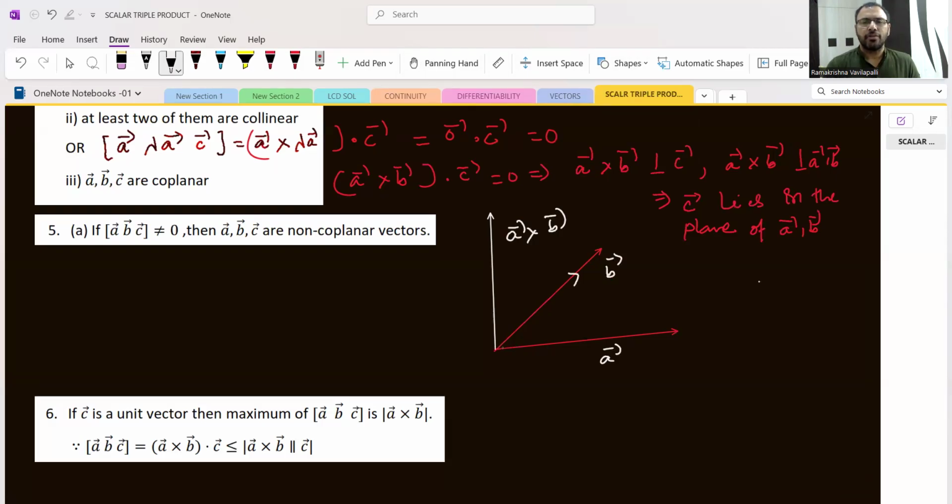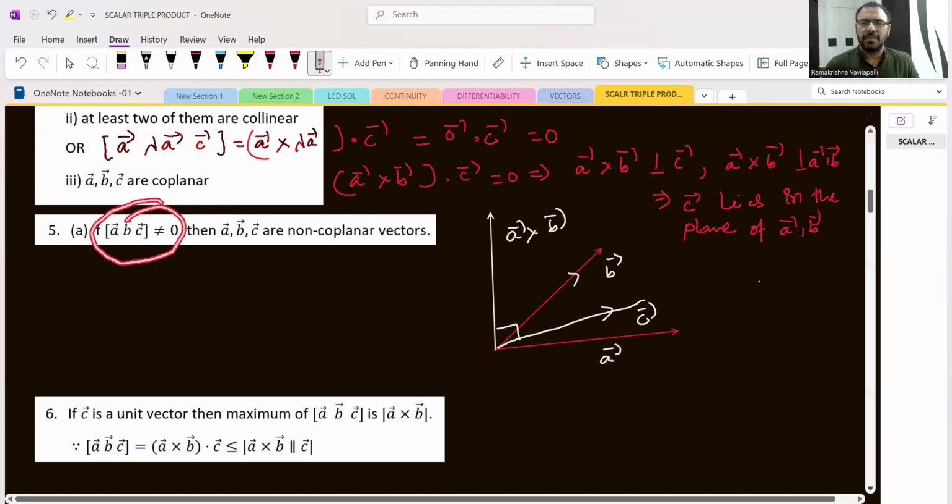See, A cross B is perpendicular to the C bar vector, so C bar must be in the plane of A bar and B bar. This is the C bar vector. And if box ABC is not equal to 0, then they are non-coplanar vectors. So what is the condition for non-coplanar vectors? Box ABC is not equal to 0.